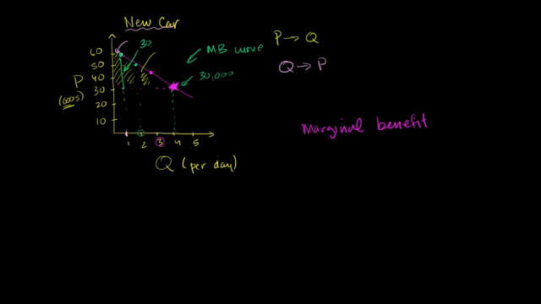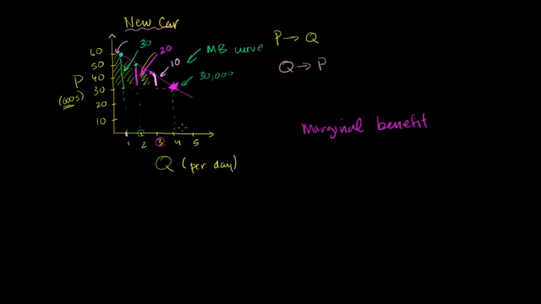The marginal benefit of that unit, the benefit that the market got out of it, is $30,000 higher than the price. The marginal benefit for the second unit is $20,000 higher than the price at which the product is being sold. The marginal benefit for this third unit, assuming this is 40, is $10,000.